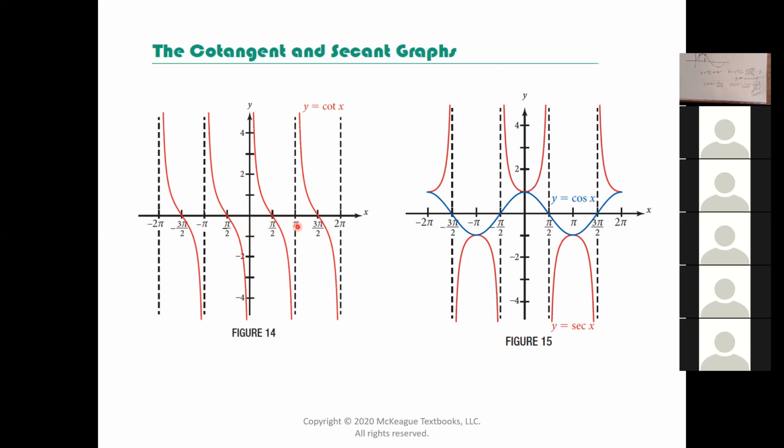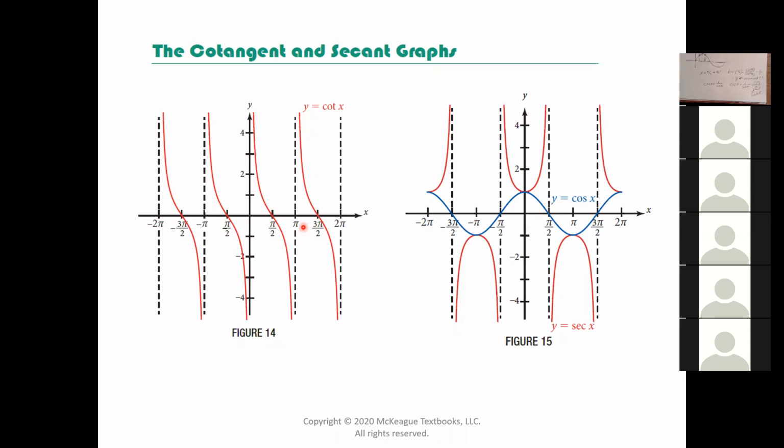It appears that the cotangent function is undefined for any multiple of pi: 0 pi, 1 pi, 2 pi, 3 pi, 4 pi, 5 pi, 6 pi, or -1 pi, -2 pi, -3 pi, -4 pi.